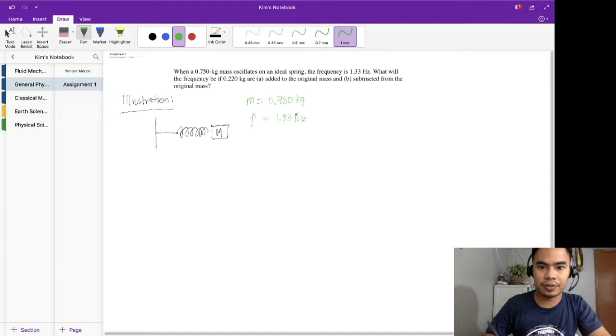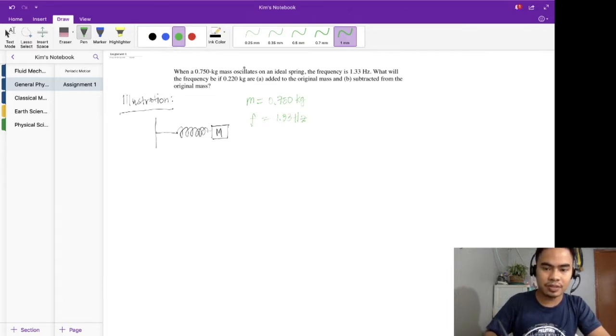This is the frequency of oscillation of the mass connected on the spring. So this is how we illustrate the problem, and then we will find the frequency if you add 0.220 kilograms and if you subtract 0.220 kilograms.